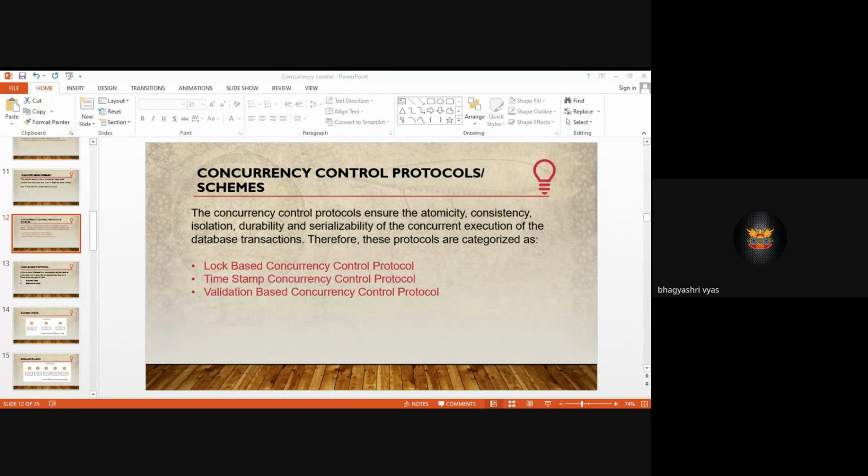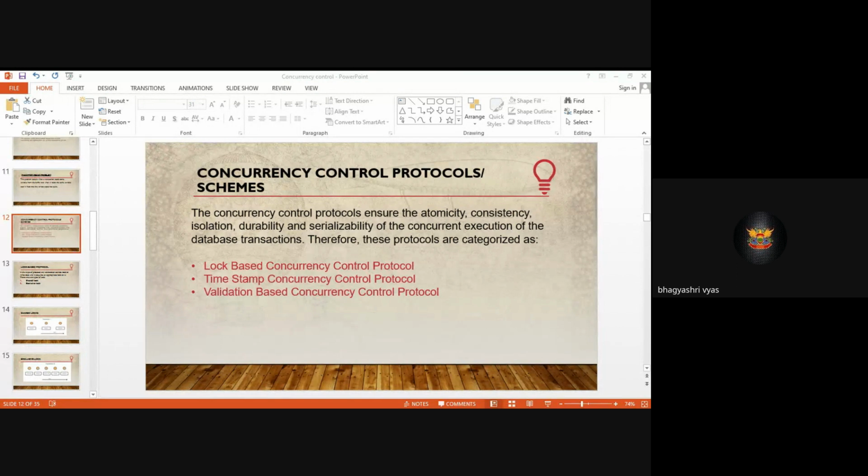Atomicity deals with whether the whole operation is performed or not. That is why we have to ensure these properties: atomicity, consistency, isolation, durability, and serializability, while talking about the DBMS.